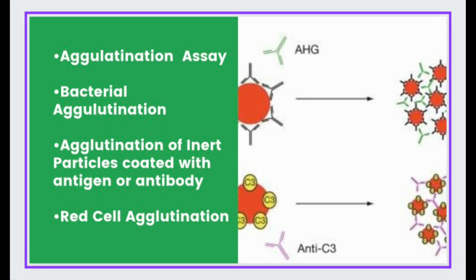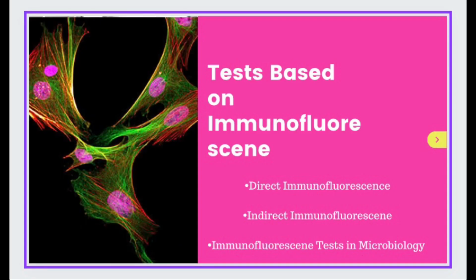Red cell agglutination is the basis of a wide array of serological tests that can be subclassified as direct or indirect hemagglutination, depending on whether the assay involves a single step or two steps. The next tests for immunology are tests based on immunofluorescence. It has three.